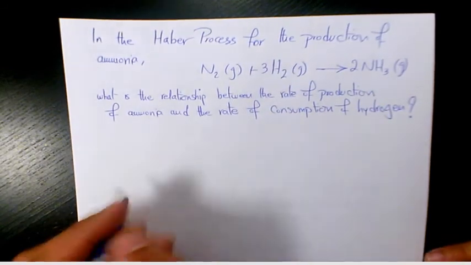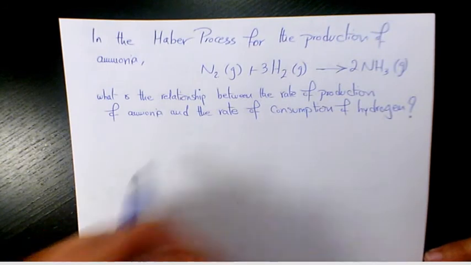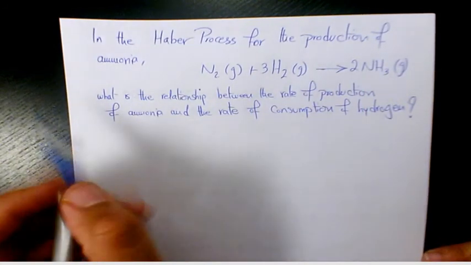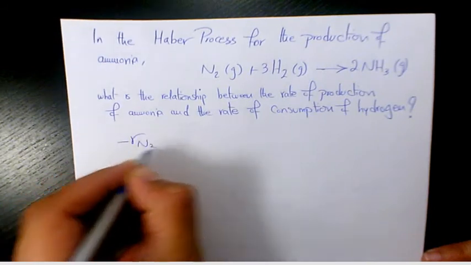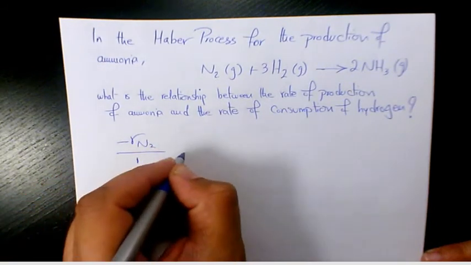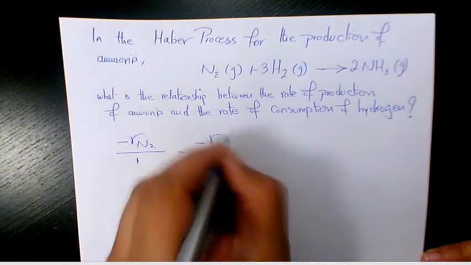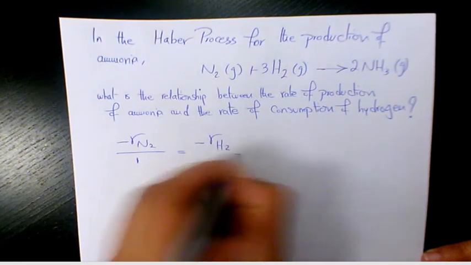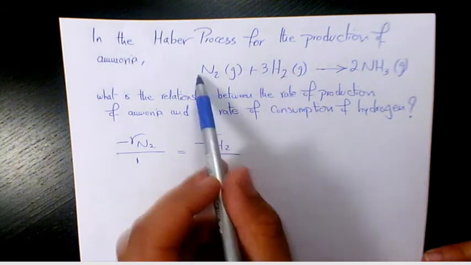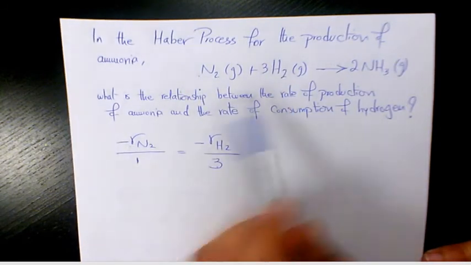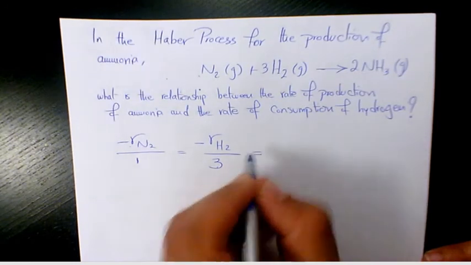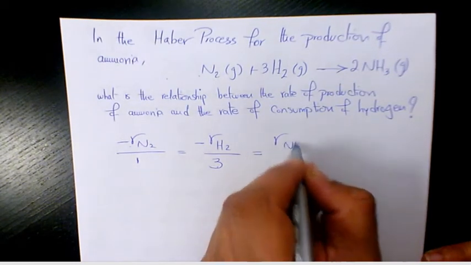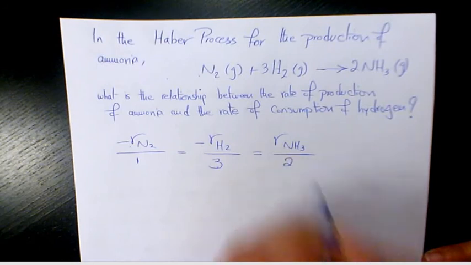So again, that's related to basically the coefficients. It is balanced, so we can say negative R of N2 divided by 1 equals negative R of H2 divided by 3, because these are on the reactant side, so they have a negative sign, and it has to be equal to the reaction rate of ammonia divided by 2.